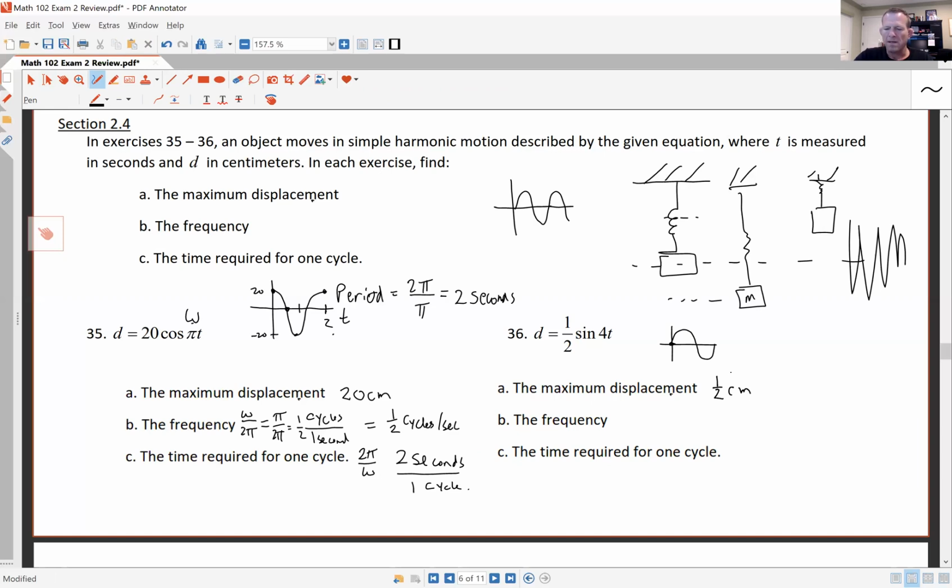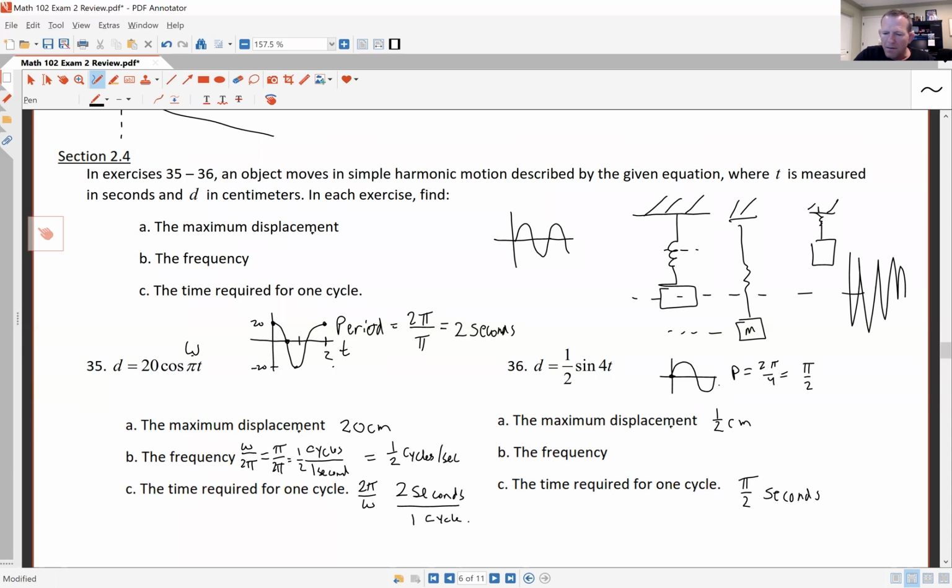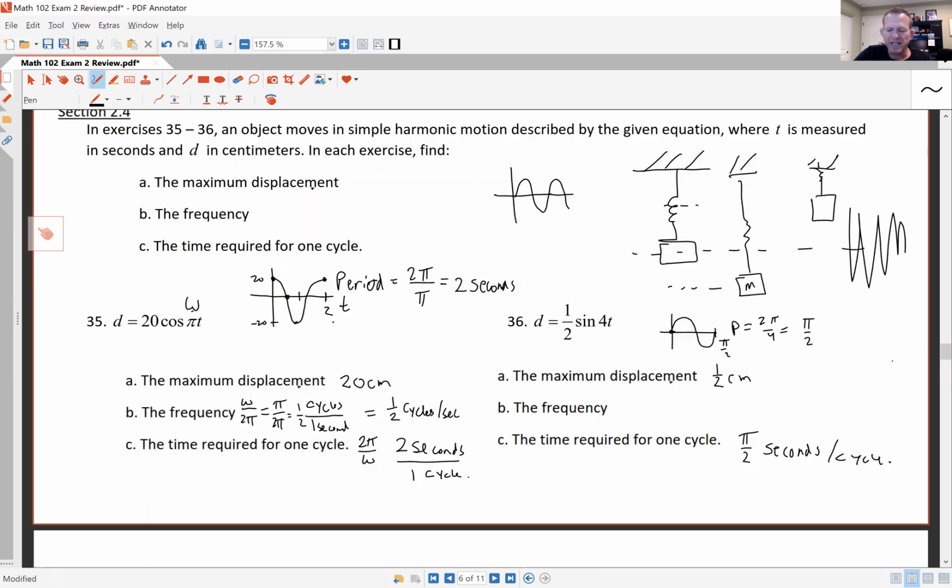The period of this is 2 pi over 4, which is pi divided by 2. The time required for one cycle is pi over 2 seconds per cycle.